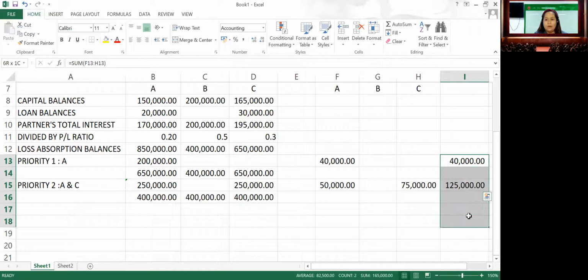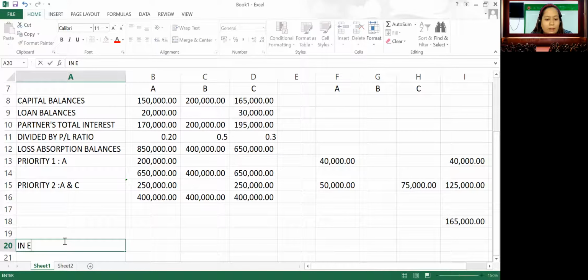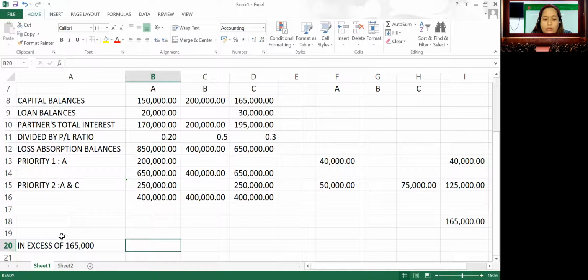So considering our cash priority program, ang first priority 40,000, ang second priority 125,000 for a total of 165,000. Okay, anong importance? Bakit natin kinukuha ito? Because in the event na magkaroon ng excess, in excess of 165,000, you will be using the P&L ratio.